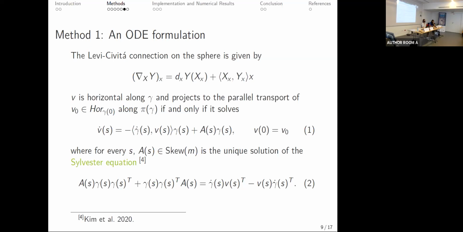In Kendall shape spaces, because it is the action of the rotations, a vector is vertical if it is written as a skew-symmetric matrix times the base point. And this whole condition can be rewritten as the unique solution of the Sylvester equation. So at the end, we have to solve a differential equation together with Sylvester equations. It's quite simple, and the method is then just to implement an integration scheme, right?